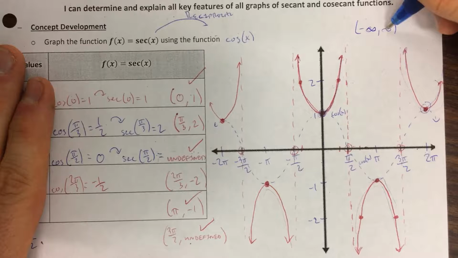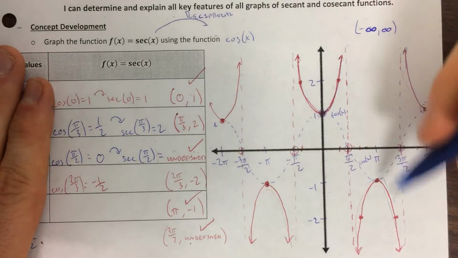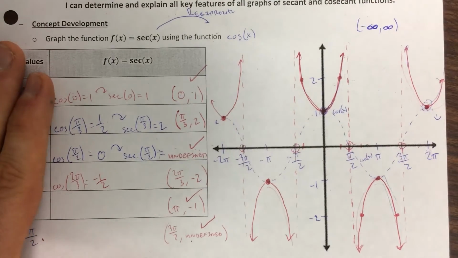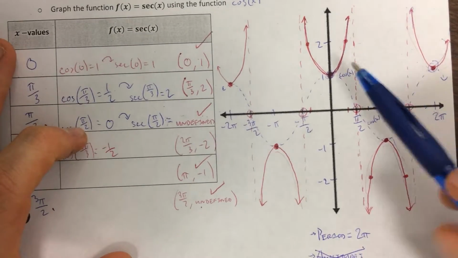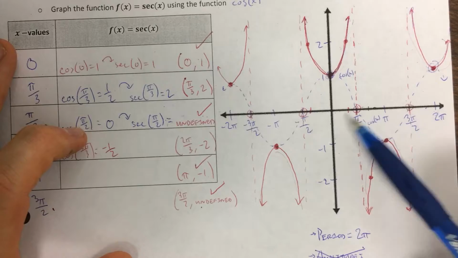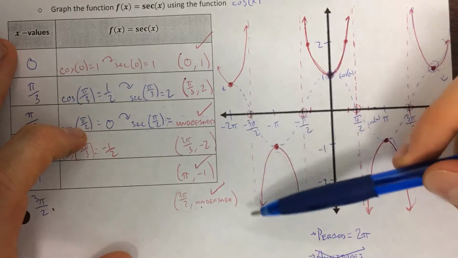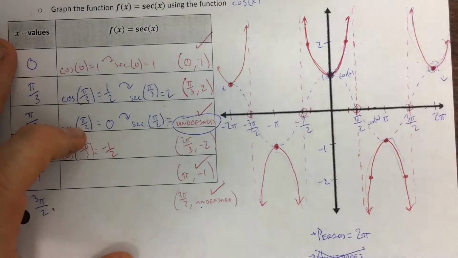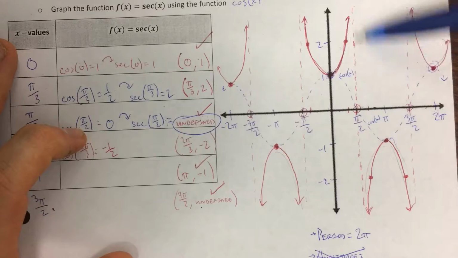However, if we say that, then what we're really saying is that we can use any value on our x-axis, put it into the function, and we get a value out. But here we can't say that because we cannot put pi over 2. We cannot put 3 pi over 2, negative pi over 2, negative 3 pi over 2, because the function is undefined there. That's what this dotted line means. This is called, well, we'll get to that in a second.